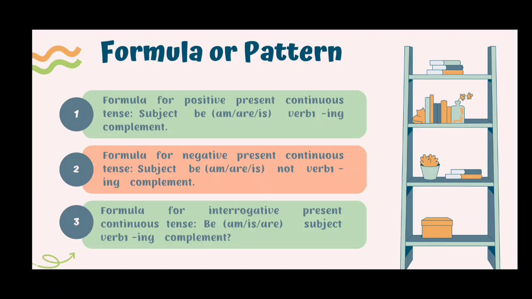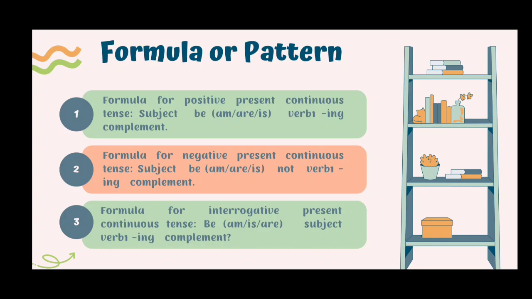Okay, now let's see the formula of present continuous tense. For the positive sentence, it will be subject plus be plus verb ing plus complement.